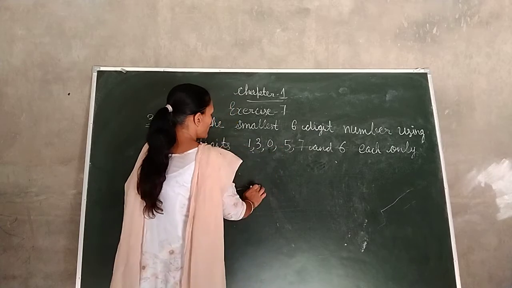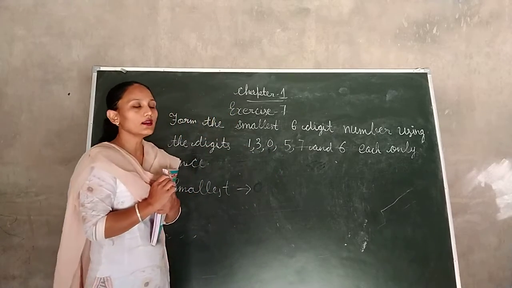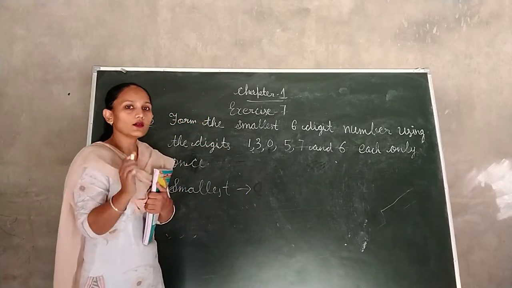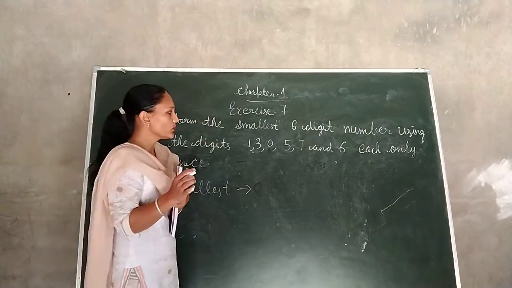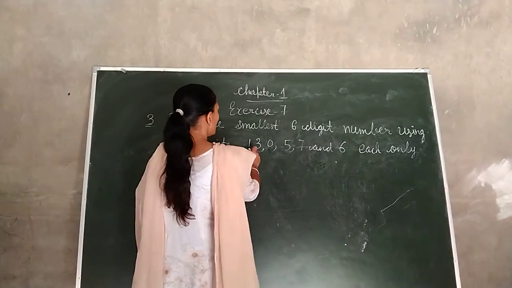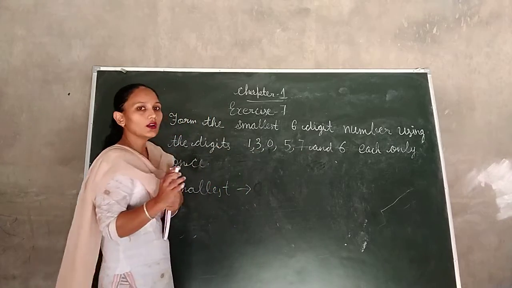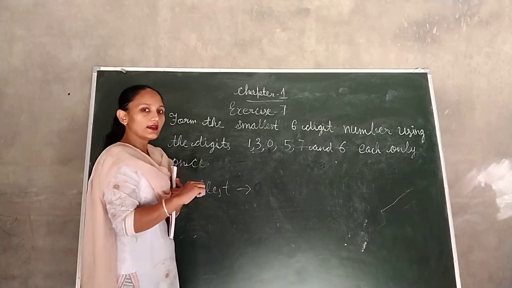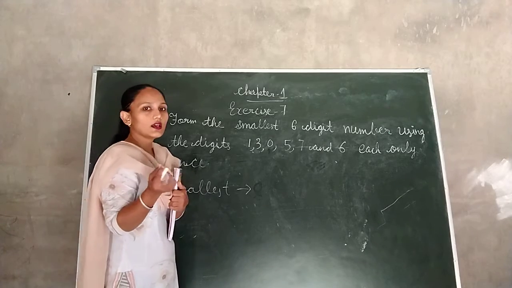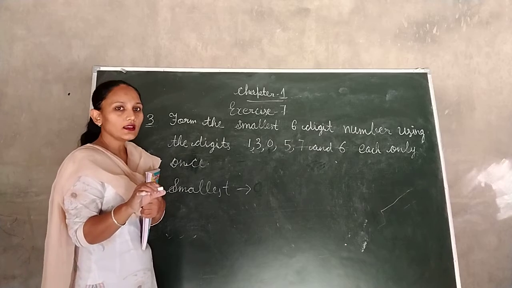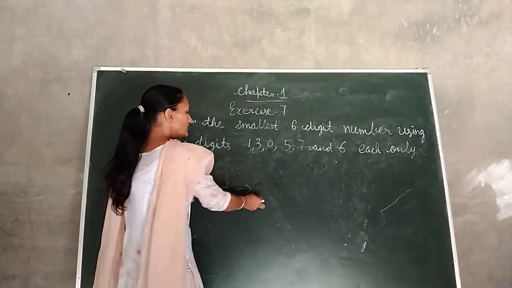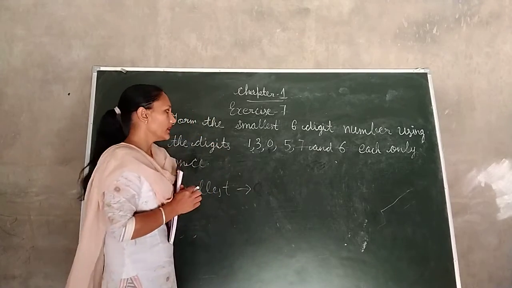But we should not insert 0 as the starting digit, because if we insert 0 as the starting digit, then the number is of 5 digits, but we have to make the number of 6 digits. So we will find the smallest number among the remaining digits, and we will write that digit as the starting digit, and we will insert 0 in the second place from the left side.